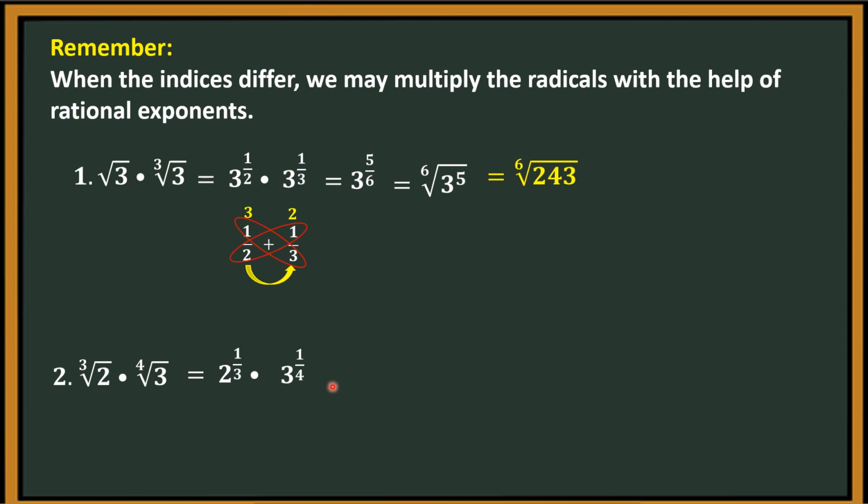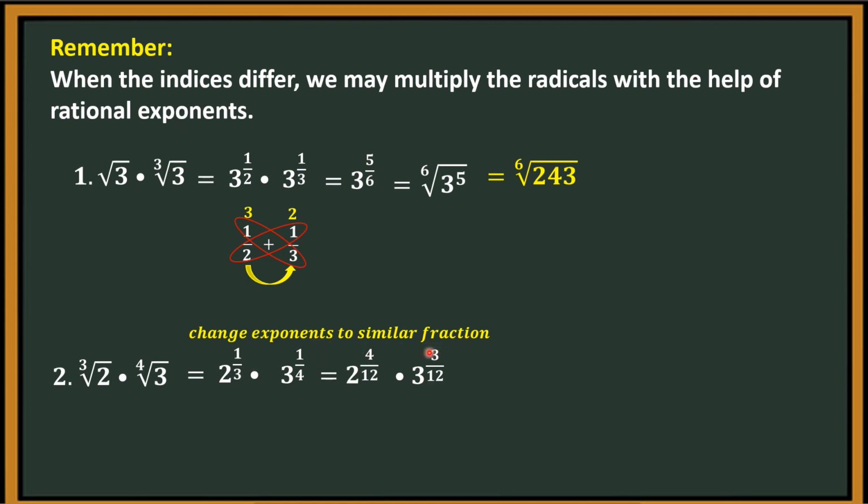So, the LCD is 12. So, let's have here 2 raised to 4 over 12. Kasi, LCD niya ay 12. And then, cross multiply lang natin. So, that is 4. And then, the other one, 3 raised to 3 over 12. So, cross multiply lang natin.